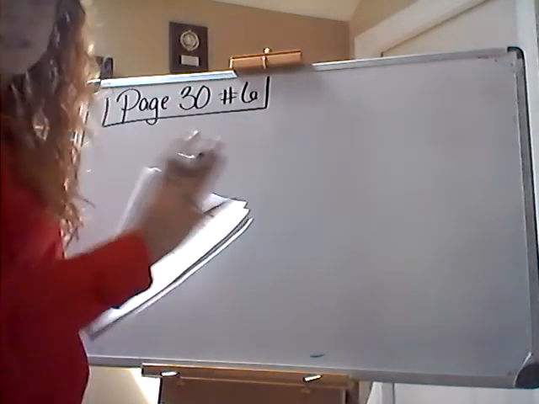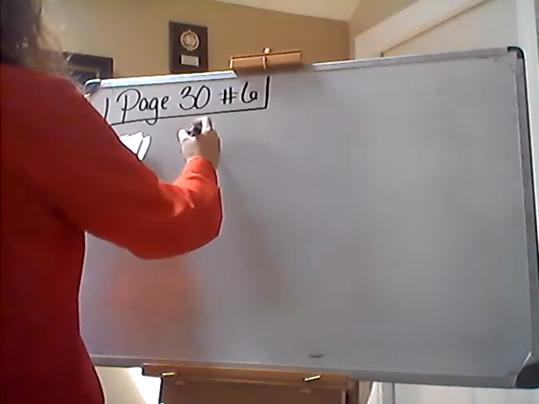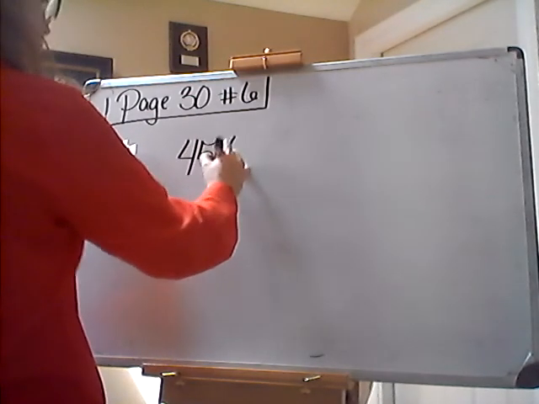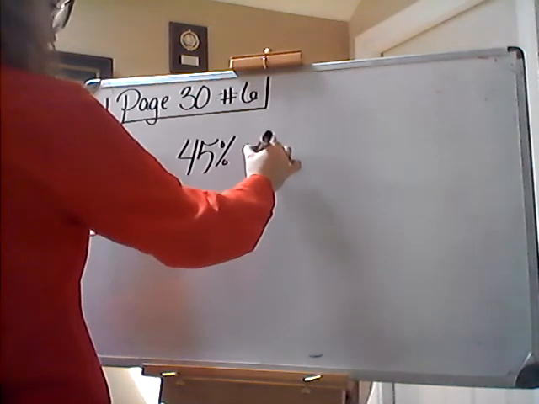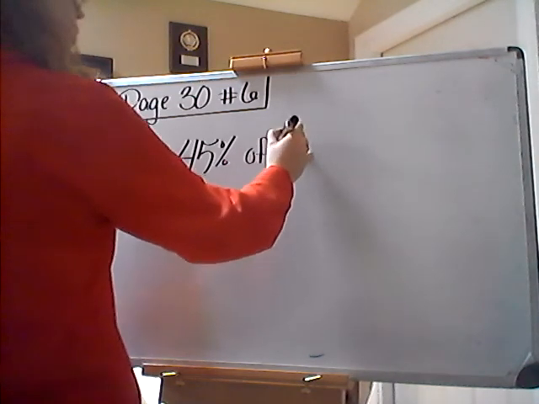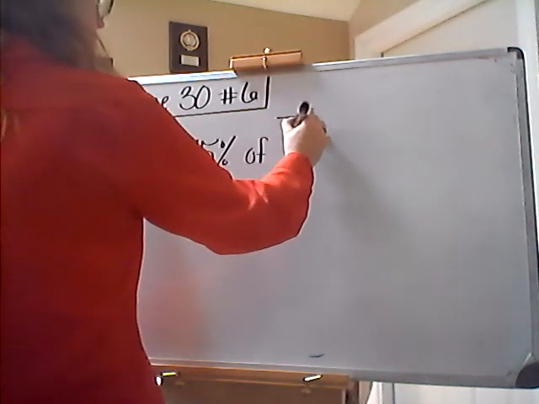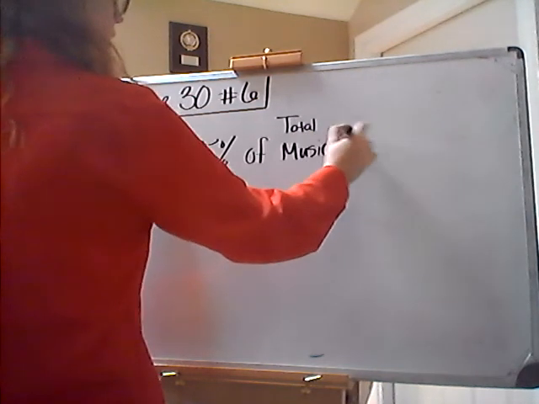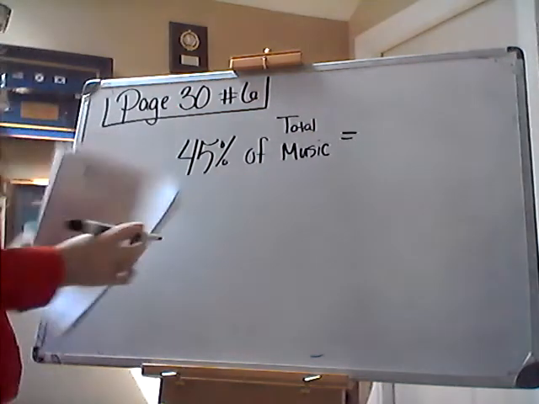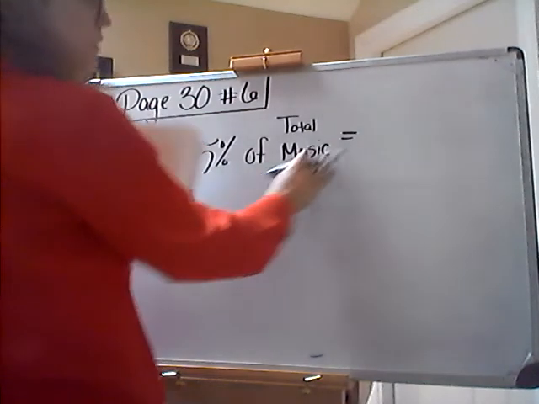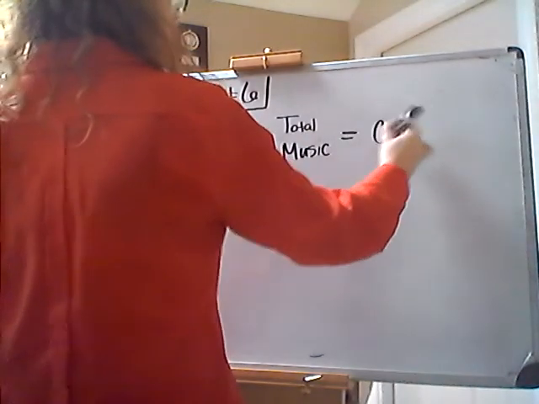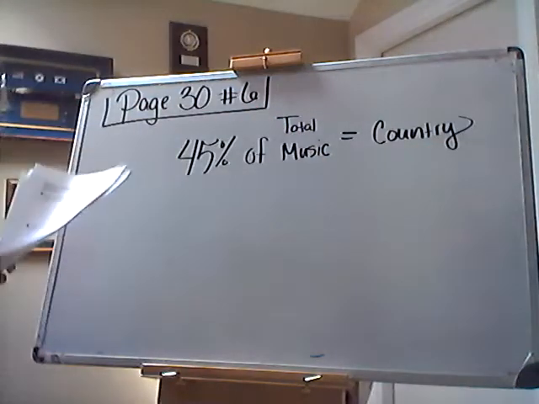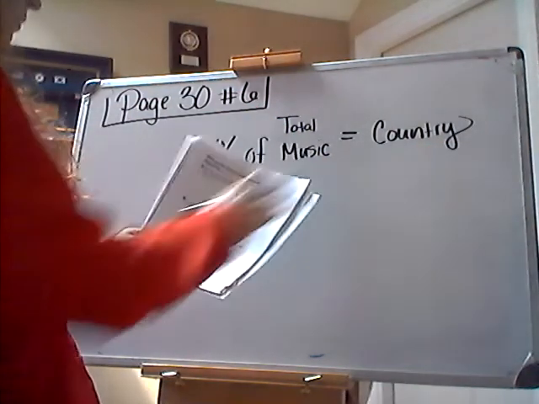So, just like we practiced earlier, 45% of the total amount of music equaled country songs. So 45% of all the music she listened to was country songs. I'm just reading the problem and writing down what I know.